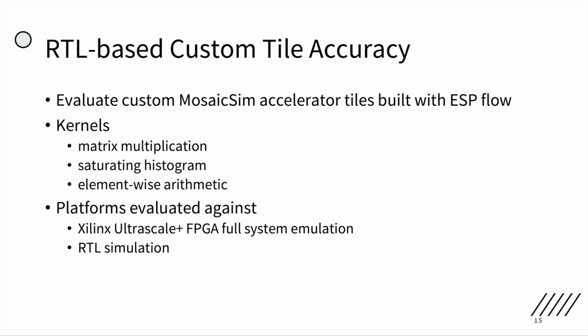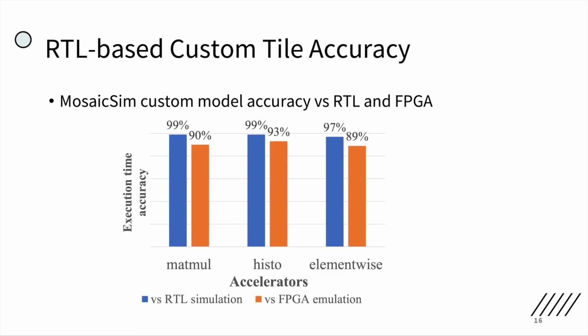We compared MosaicSim's platform to FPGA emulation and RTL simulation. Here's a graph of execution time accuracy on the y-axis. We find that MosaicSim had between 97% and 99% execution time match with RTL simulation, and 89% to 93% match with FPGA simulation.